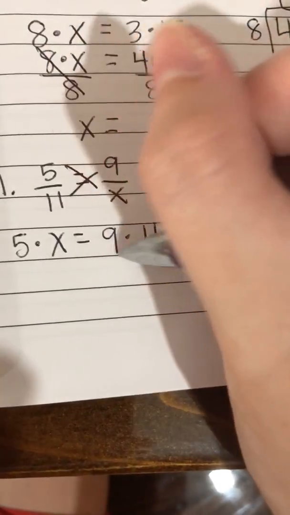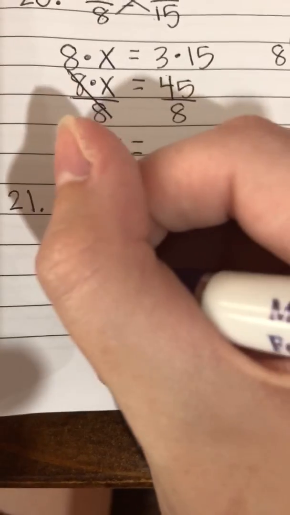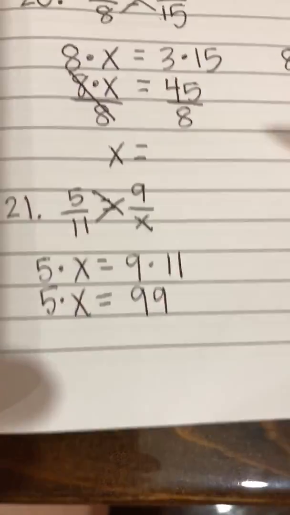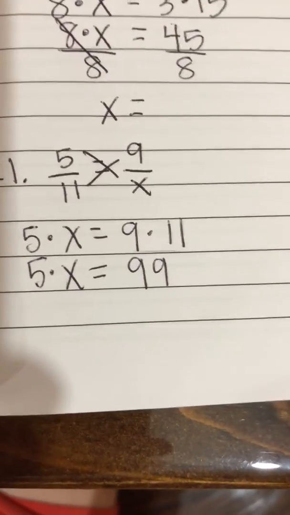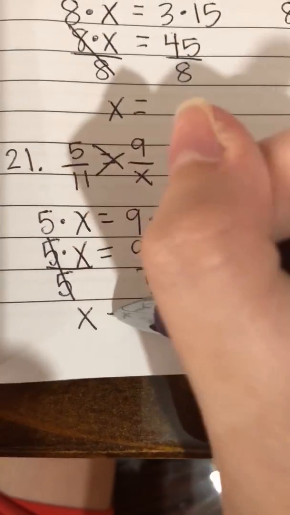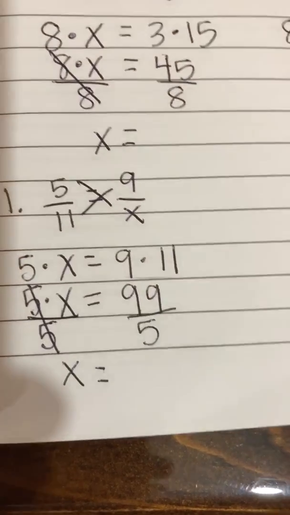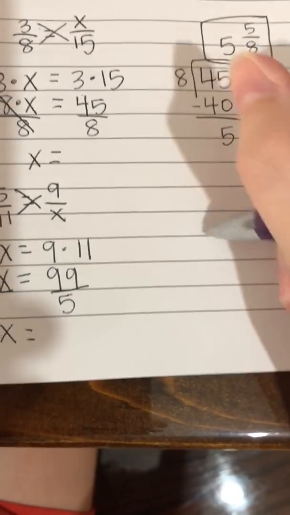So I start on the side without the x. 9 times 11 is 99 equals 5 times x. The opposite of multiplying by 5 is dividing by 5. So these cancel out and I'm just left with x. But 5 times nothing equals 99 exactly, so we're going to have to divide.